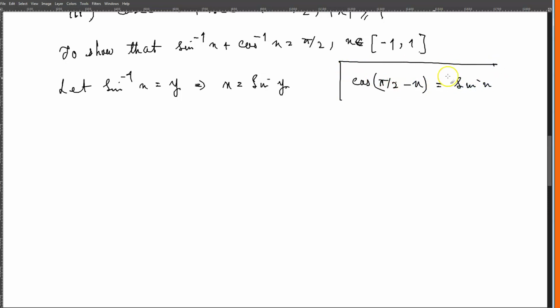We already showed this in the results that we did before. So sine of y, I can write as cos of pi by 2 minus y. That is equal to x.